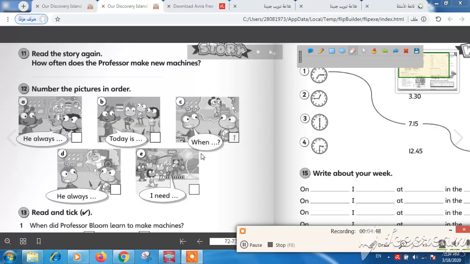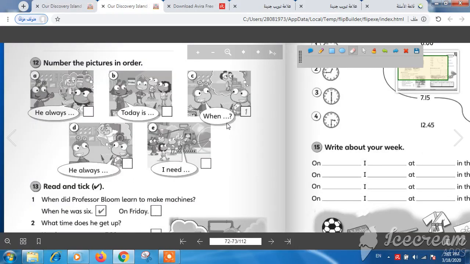This is number one. Number two, we have 2 confusing pictures. Which one of them is number 2 and which one is number 3? Because they are following each other in the story.